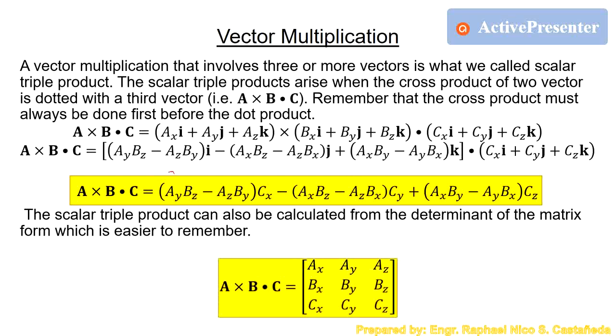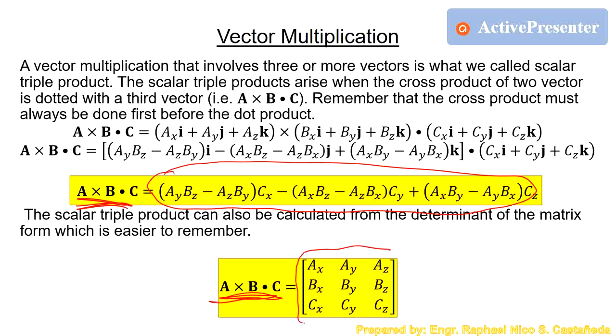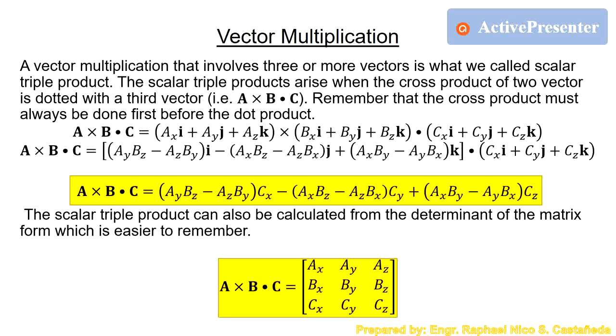So instead of memorizing this formula, we can use a 3x3 matrix, then calculate its determinant to perform the scalar triple product. It's easy to remember because the first vector will be placed here, the second one here, and the third one here. It is the same procedure as the cross product.